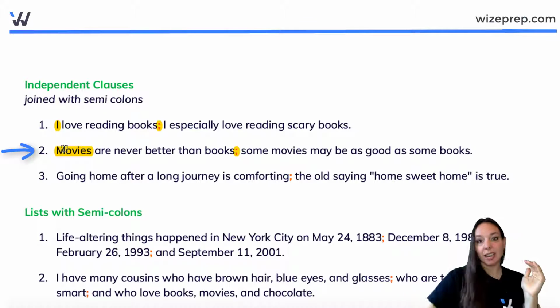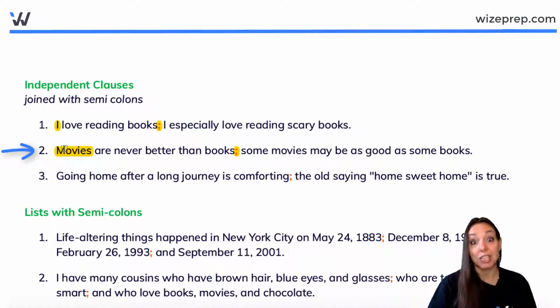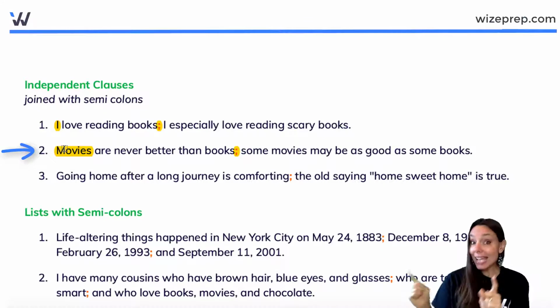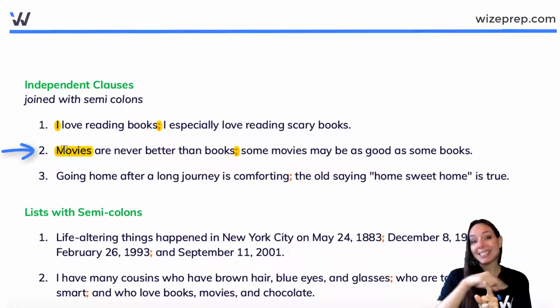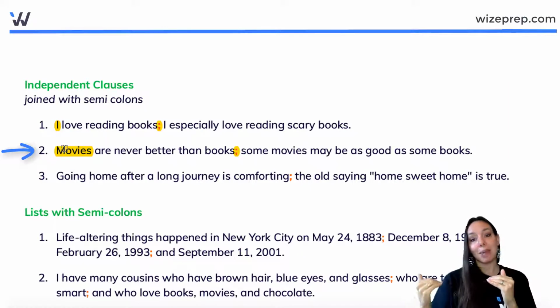We could stick an exclamation point or a period or any of those other end stop punctuation if we wanted to. But instead, we're sticking that semicolon in there to let us know that the next independent clause is related to whatever came before. Some movies may be as good as some books.